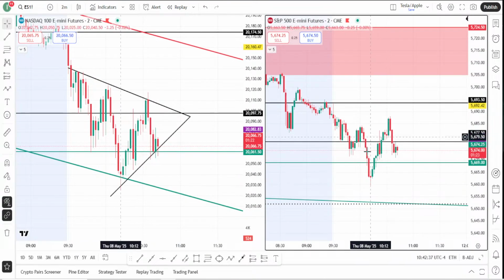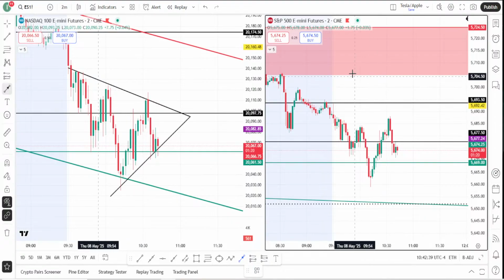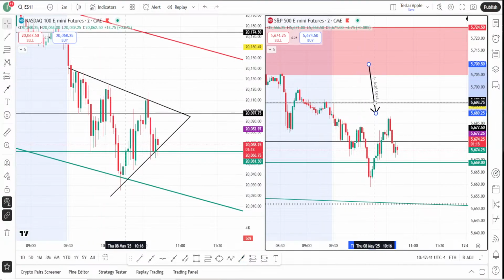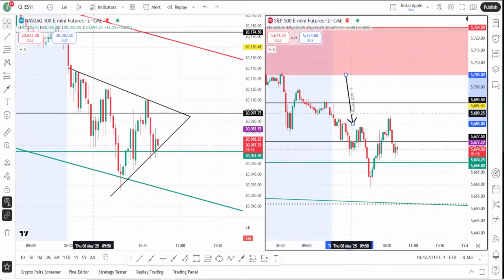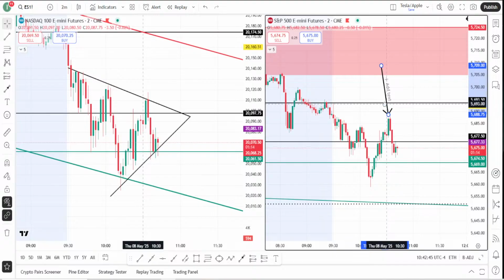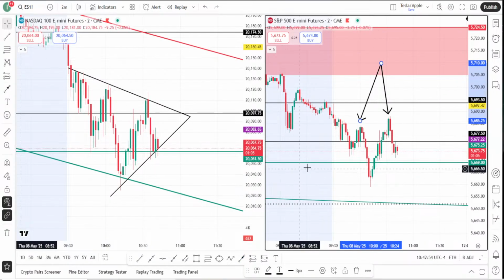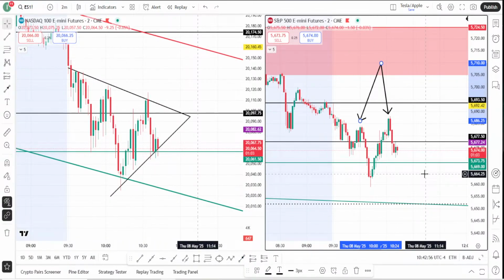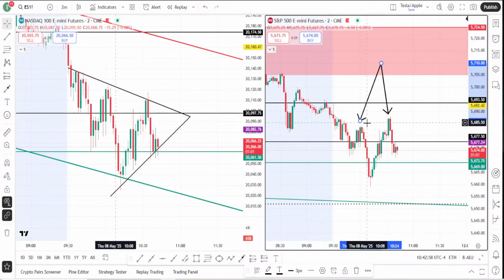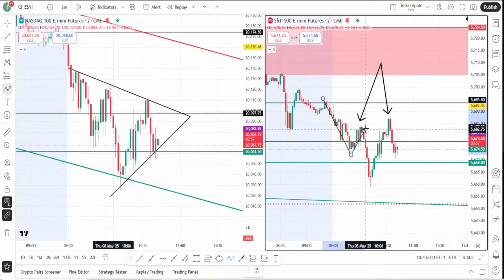Patience, patience. We do have a higher high on the ES. Alright, this is looking like a head and shoulders. I don't know if you guys know that pattern, but head and shoulders is pretty popular.